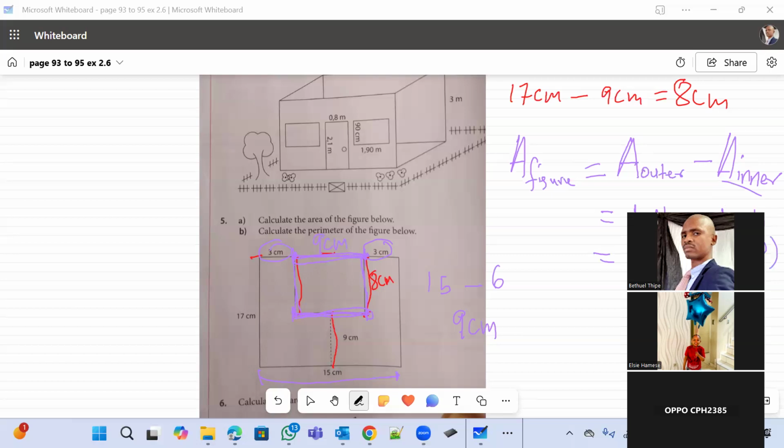I can even put them inside brackets, get an answer there and an answer there, subtract them, and get the final answer. 255 minus 9 times 8, which is 72.